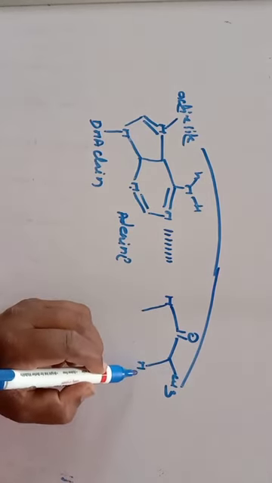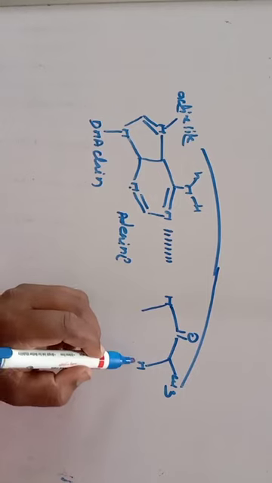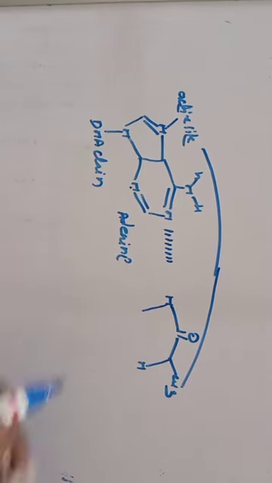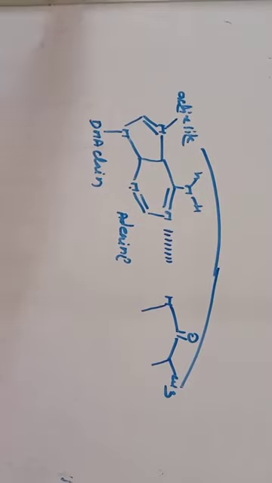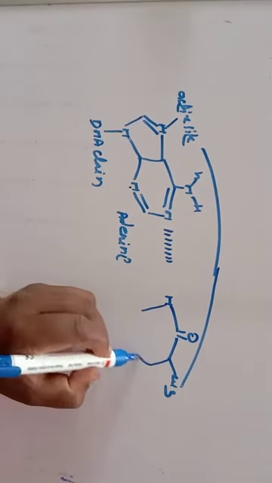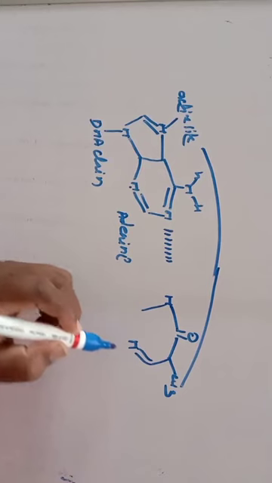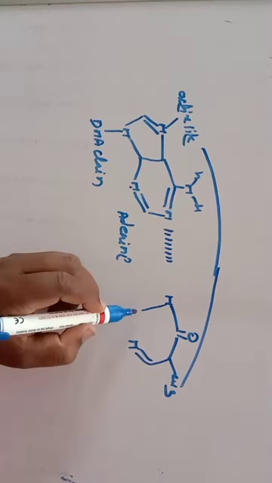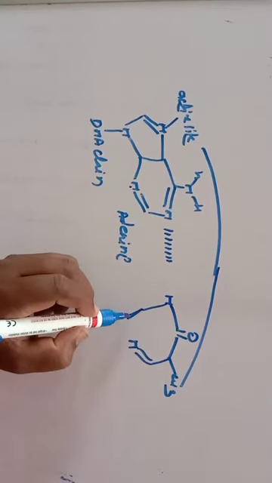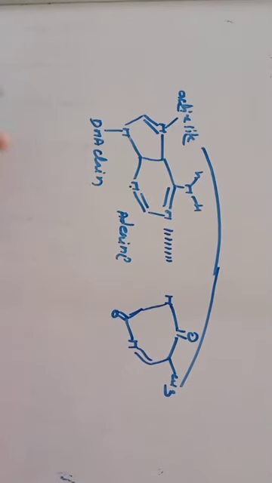Double bond N is there, and here double bond O is there.